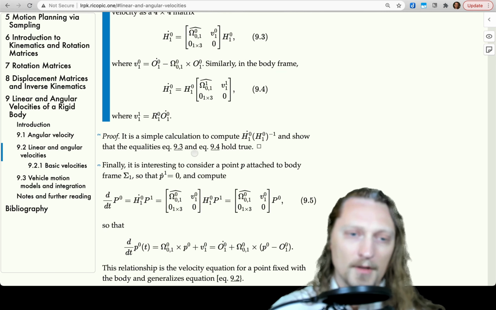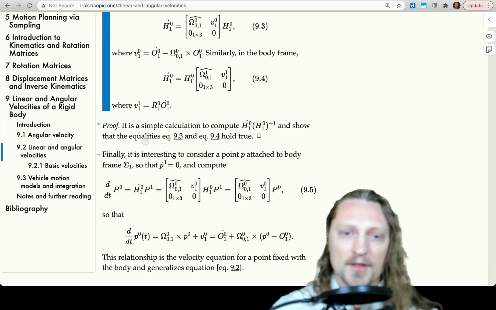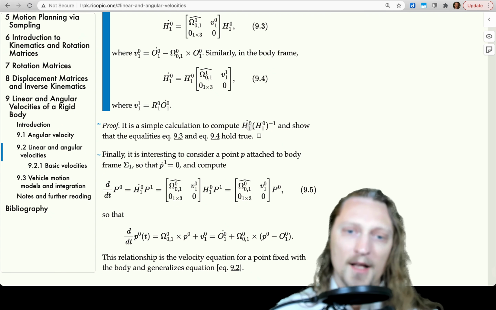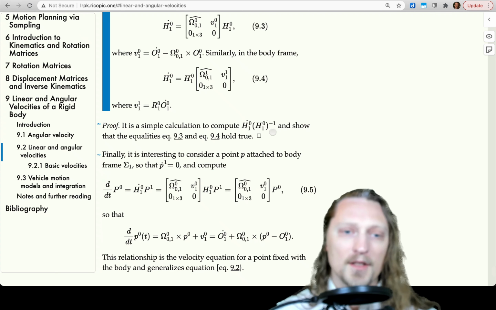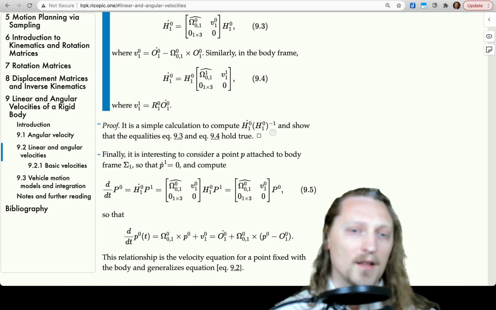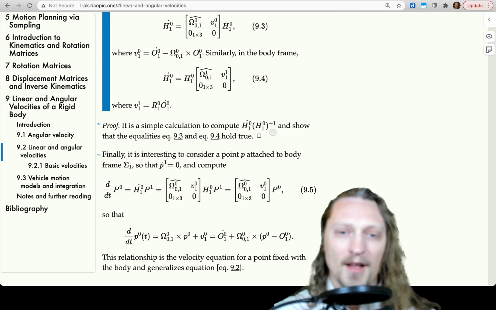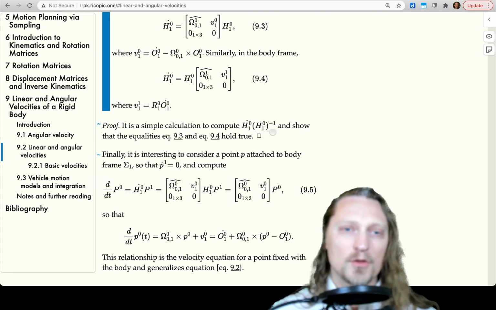Little proof: it is a simple calculation to compute H10 dot times H10 inverse and show that the equalities 9.3 and 9.4 hold true. This isn't really a derivation, it's just a proof that they work. Just plug them into that expression and see that these two equalities hold.